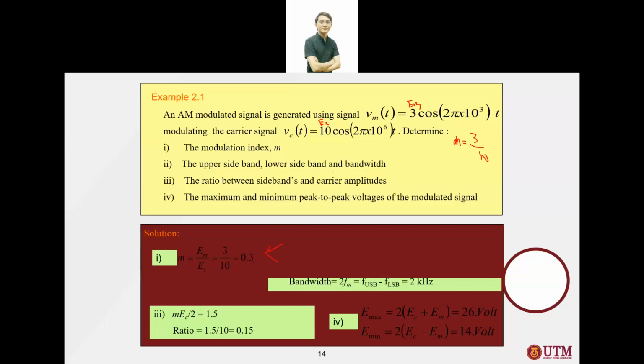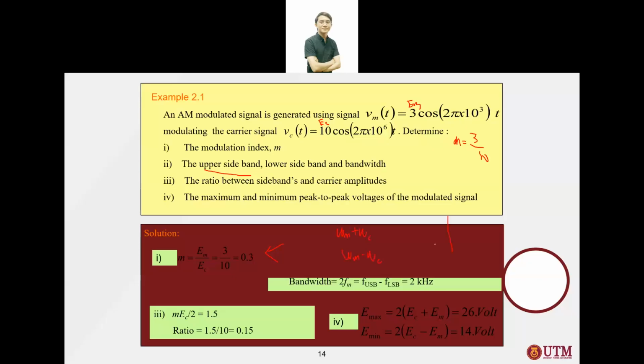So you need to do the omega m, omega c. Upper side band is omega c plus omega m. Lower side band is omega c minus omega m.